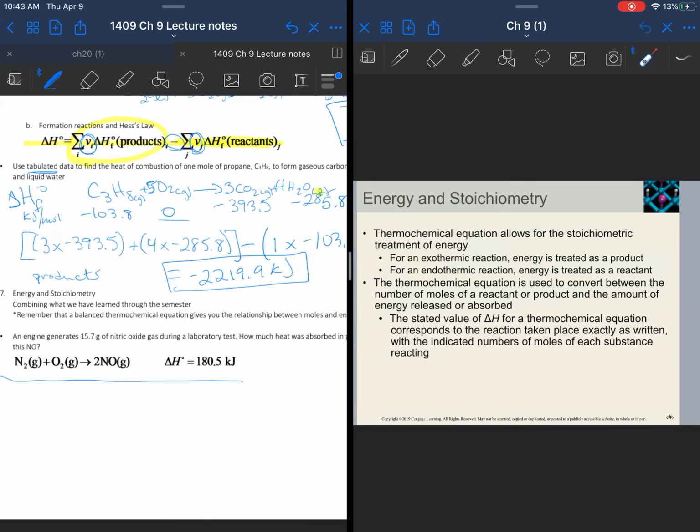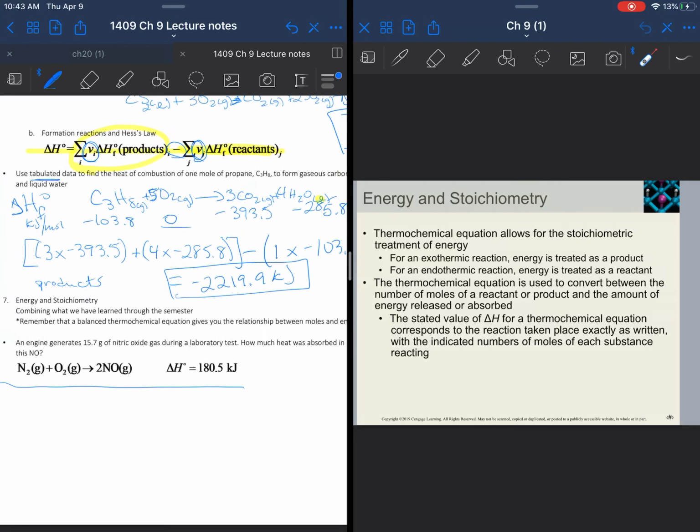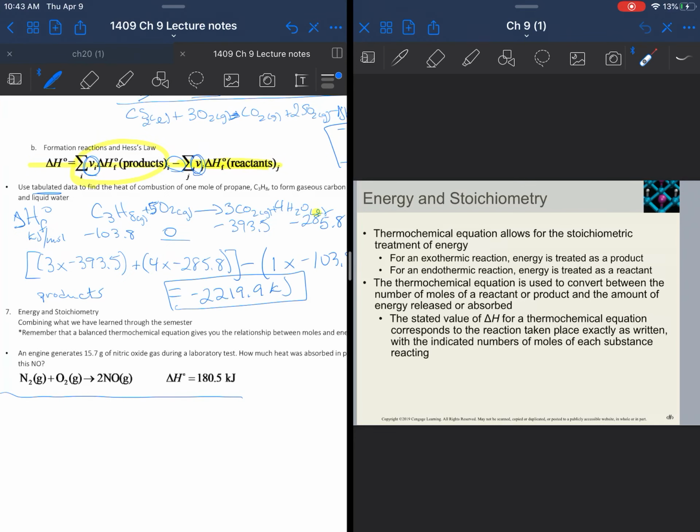The final thing that we're going to cover is just to remind ourselves that a thermochemical equation is a balanced equation, and so there are certain stoichiometry problems that we may be able to do.